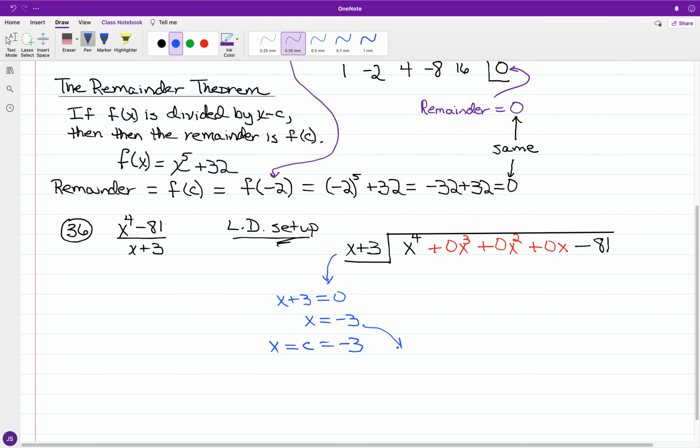And so for what we have in the case of synthetic division, all right, so we have negative 3 isolated, and once again to the right we have lining up the coefficients of the dividend. So we have 1 followed by 0 and another 0 and another 0, and then we have last the constant negative 81.